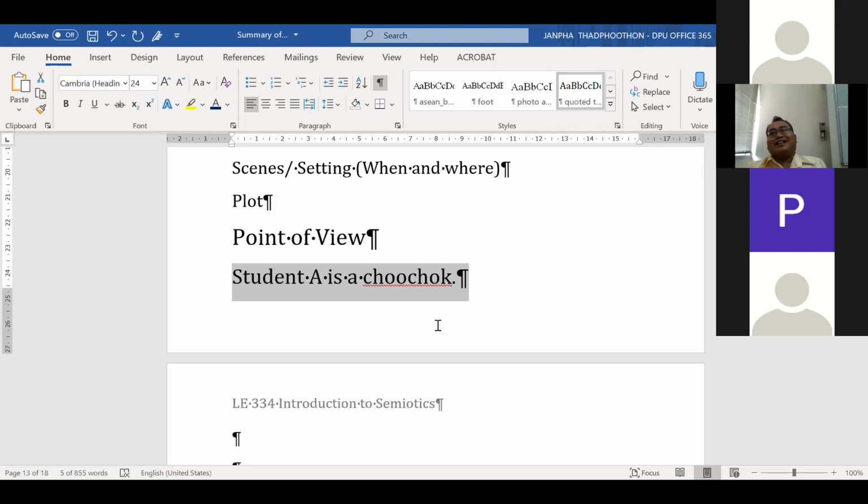So you need a character, right? So you have two characters. Now student A is a chu chok. A chu chok is a greedy person. He's so greedy that he ate up the food and then his stomach exploded.